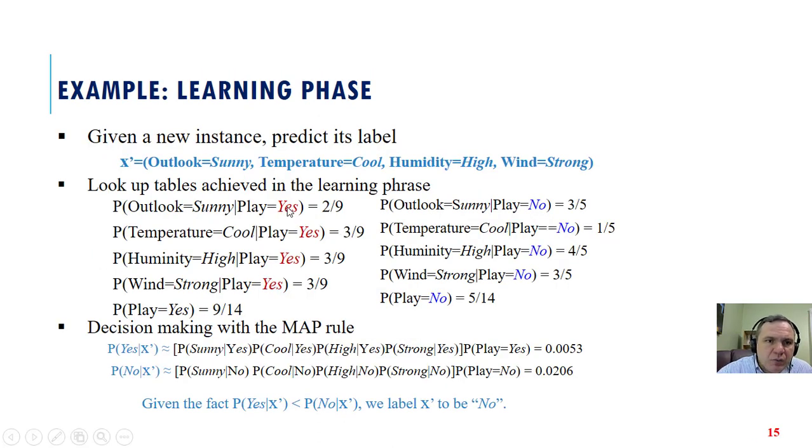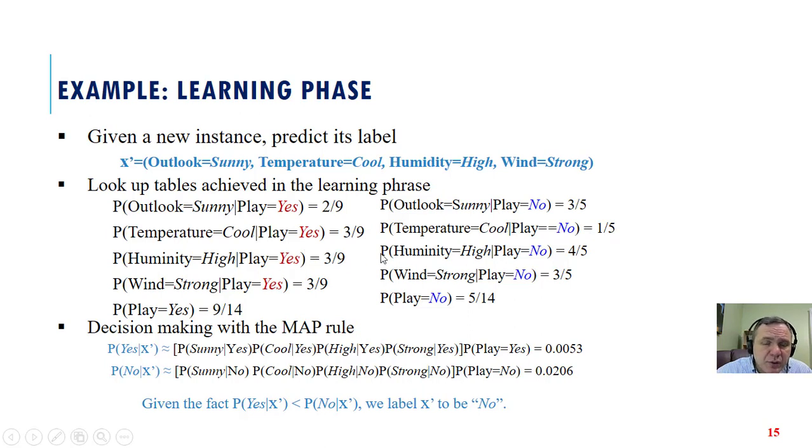So now looking at the tables that we have in the previous slide, we can say that the probability of the outlook being sunny, given that people play, and the value in this case would be yes, is 2/9. The probability that temperature is equal to cool, given that people are playing, is 3/9.